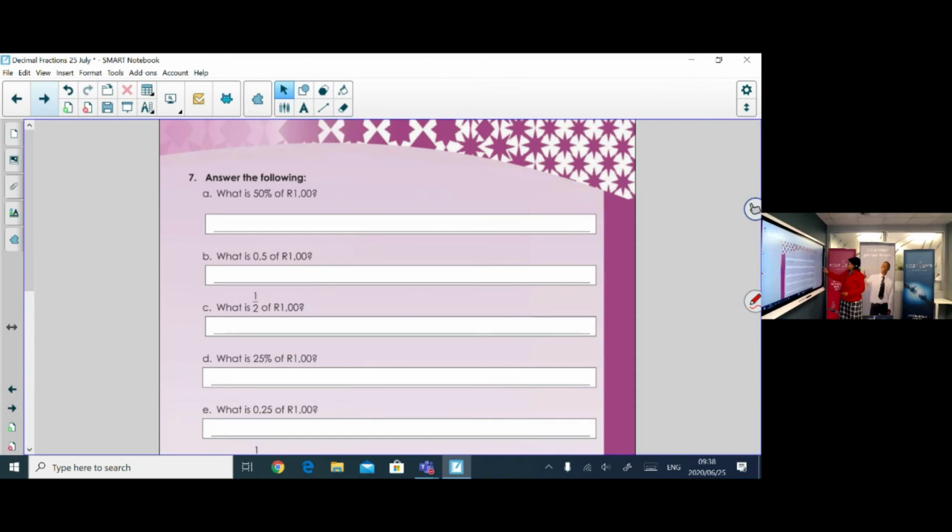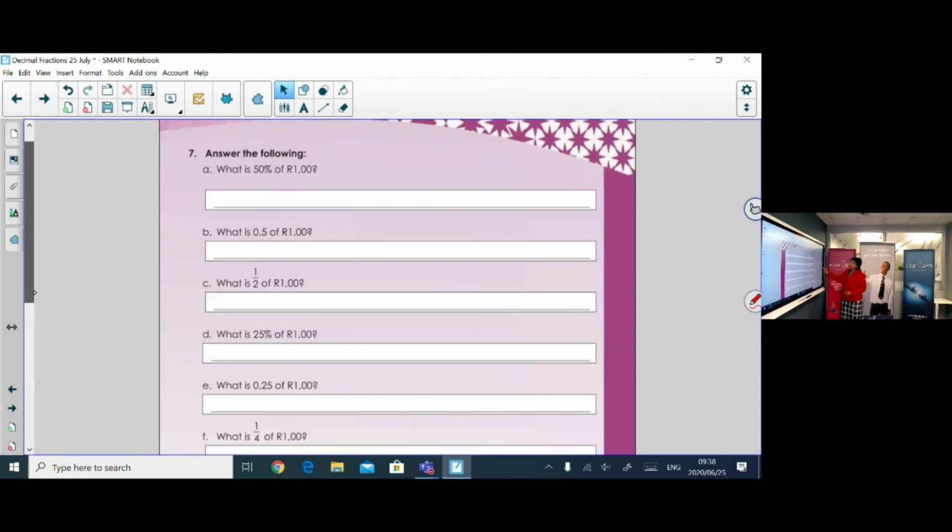Another question. Answer the following. What is 50 cents of 1 rand? I would like us to convert 1 rand into cents. We are going to work with cents.